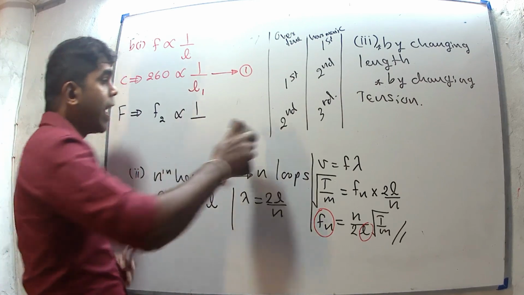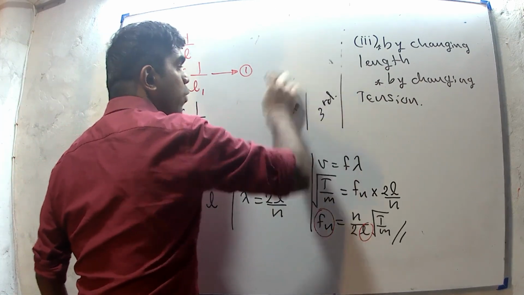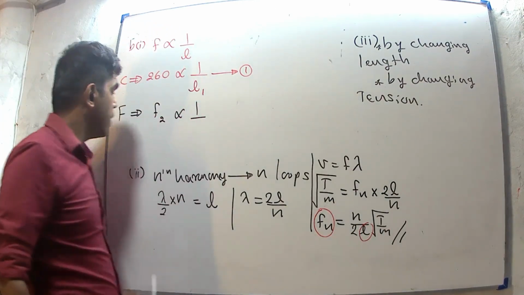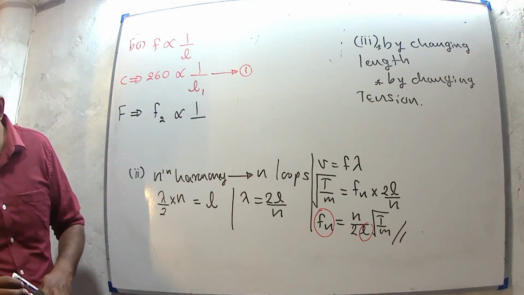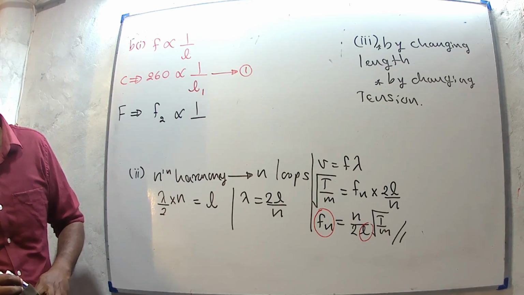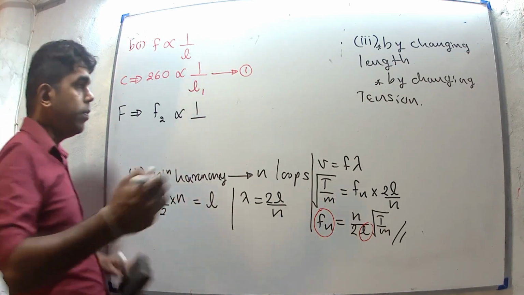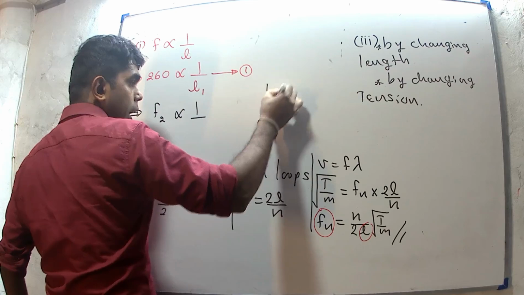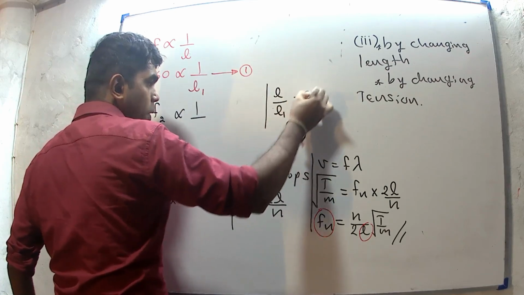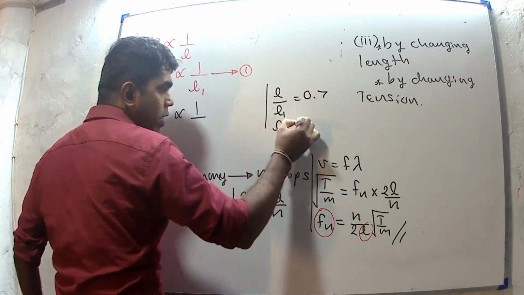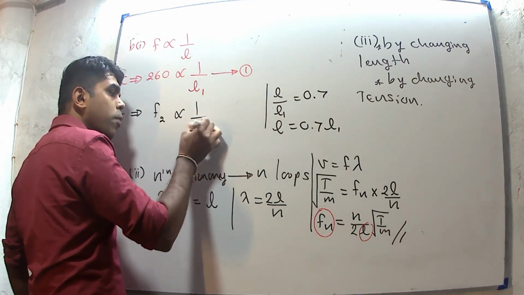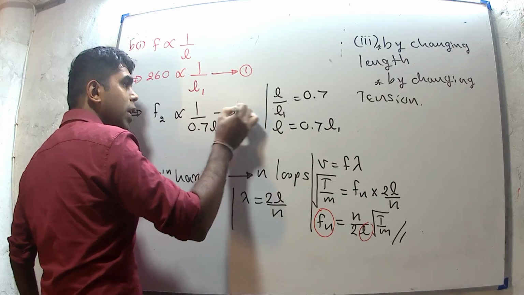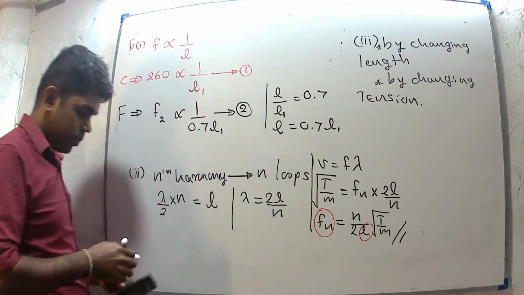They have given for F, L over L1 value is 0.7. Then L value is 0.7 L1. Then we can substitute 0.7 L1. It is the second equation.